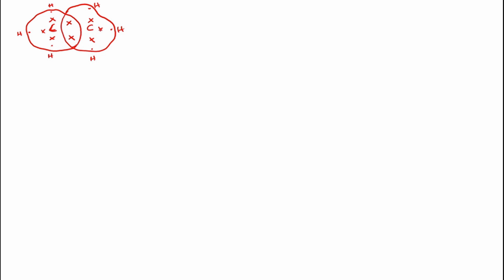Okay. Now hydrogen we have to see. See hydrogen, it has also reached noble gas configuration, and here also it has reached noble gas configuration, and the remaining hydrogens also have reached noble gas configuration.